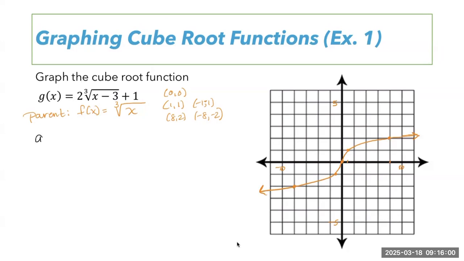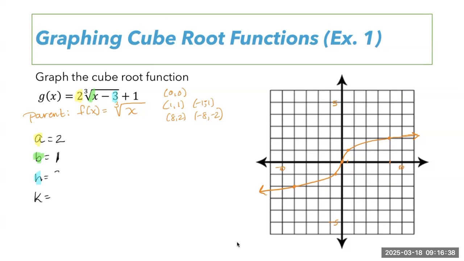Now let's identify our a, b, h, and k values. So the a is what we multiply by on the outside, so that's going to be our 2. The b is what we multiply by on the inside, but since x does not have a coefficient, that means b is just 1. Okay. For our h, that's what we add or subtract on the inside.